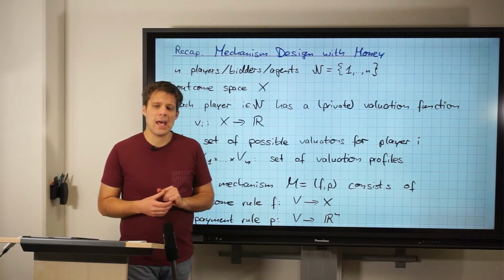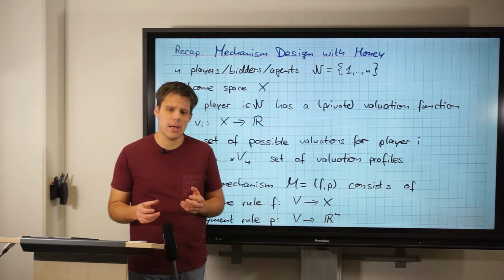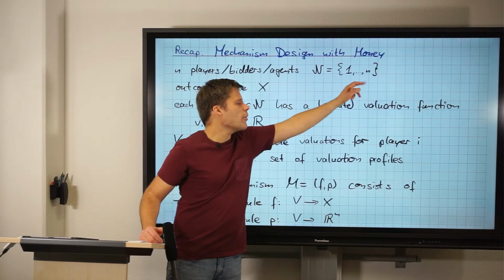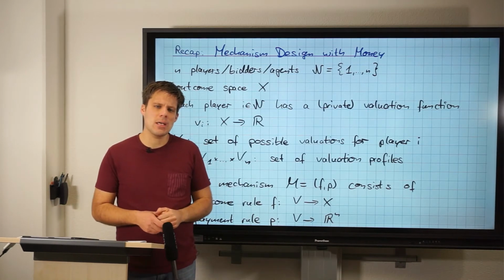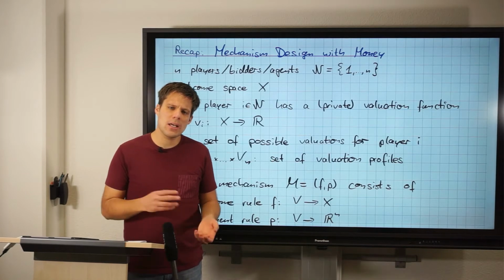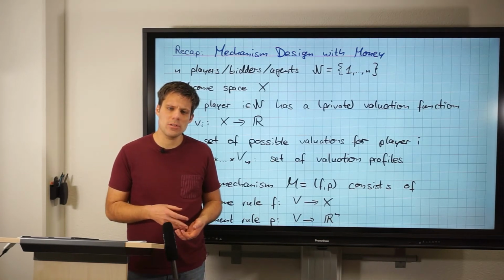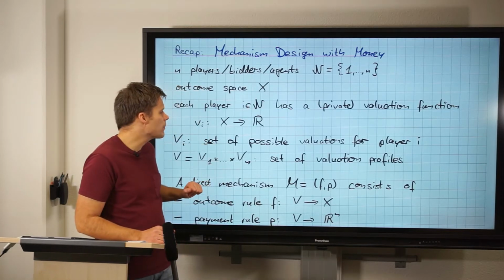We'll have n players, or in this context we often call them bidders, and we number them by 1 through n. And we have an outcome space X. This may be in general an arbitrary set, although today we'll make a more restrictive assumption about what kind of outcome space we have, but we'll come to this.